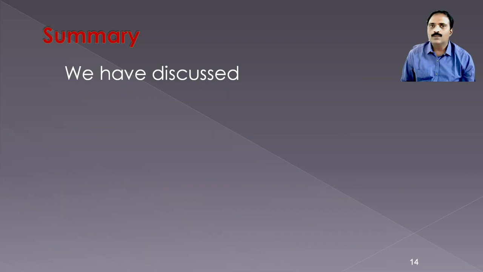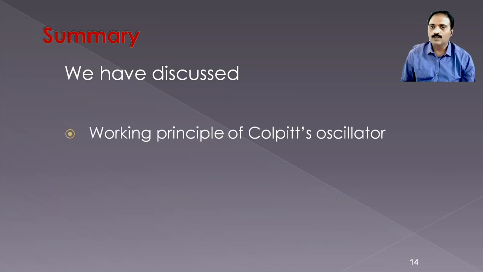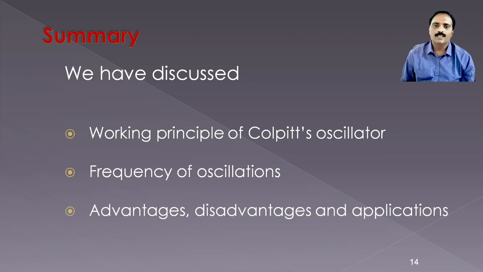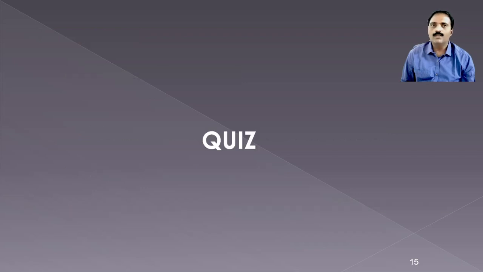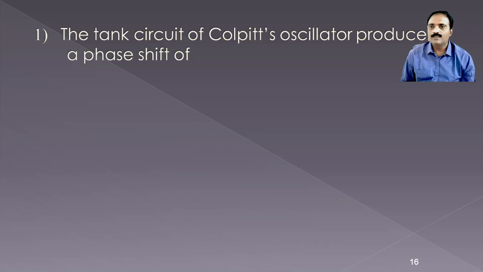So these are the things we have discussed till now: working principle of Colpitt's oscillator, frequency, advantages, disadvantages and applications. Let me give you some quick points. The tank circuit of Colpitt's oscillator produces a phase shift of, these are the options given to us: 0, 90 degrees, 180 degrees and 360 degrees. The option is 180 degrees.